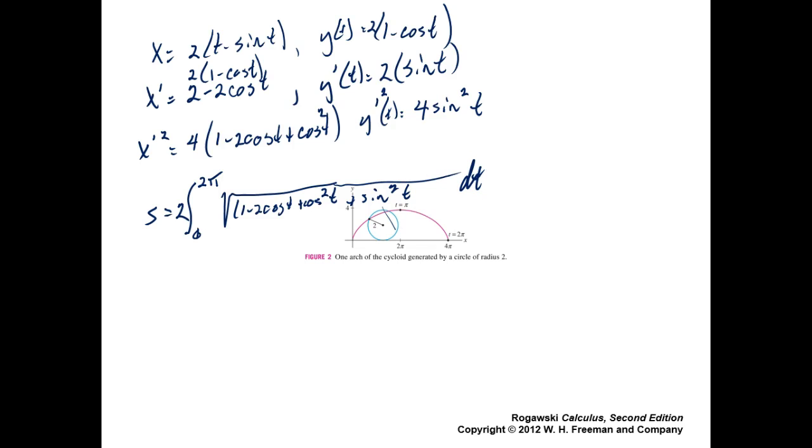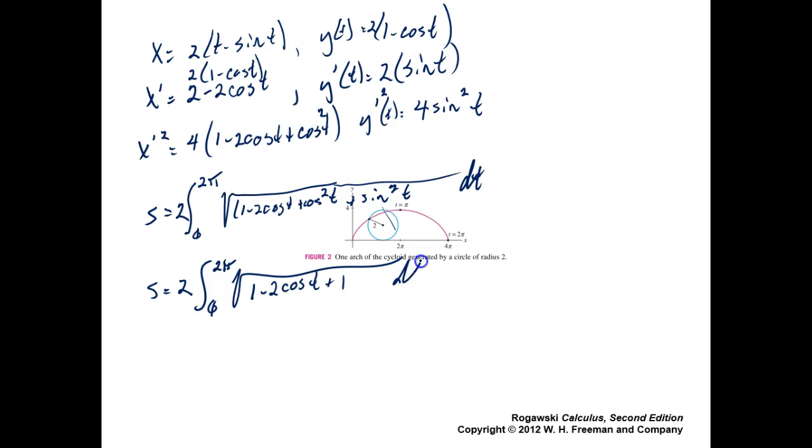All right. What are some things you notice here? S is equal to 2 times the integral from 0 to 2 pi of the square root of 1 minus 2 cosine t. But then sine squared plus cosine squared is another 1.